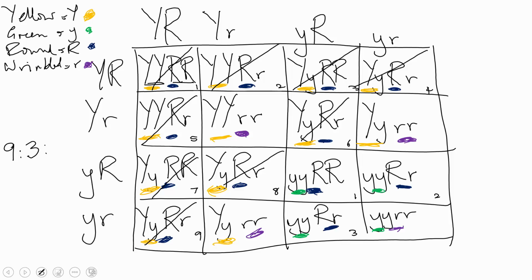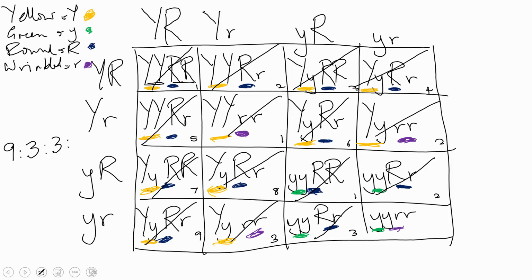Let's see how many yellows and wrinkled. Let's get rid of these so we don't have to look at them again. This is one, here's another one, and here's another one. So that is also 3. Let's get rid of these two.